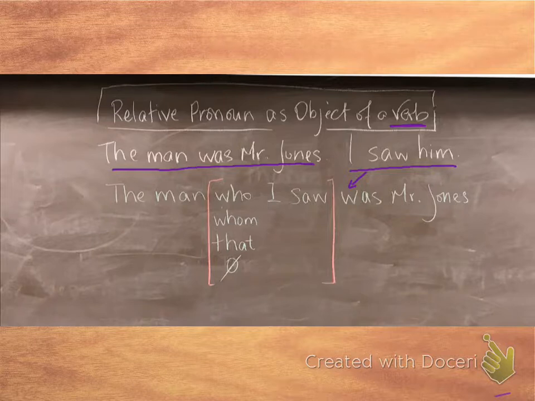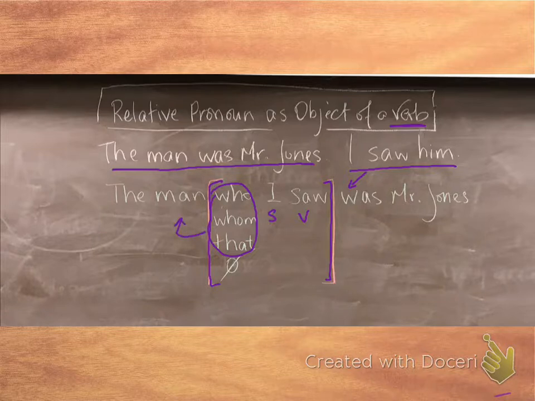Inside here, we have our adjective clause. And we know this is a clause because it has a subject and it has a verb. The relative pronoun, these words here, our choices are who, whom, or that.